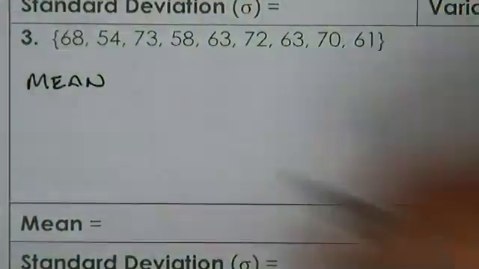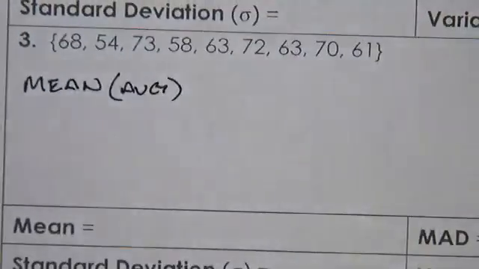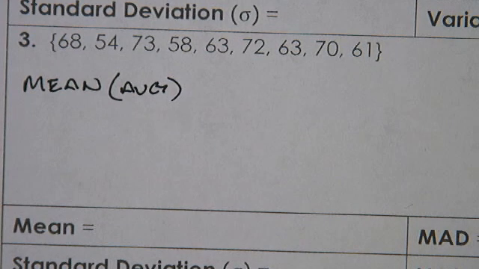So the first thing I need to do is the mean, right? I need to know what the mean is, which is our average. All that means is I need to add them all up and divide by the number of numbers.